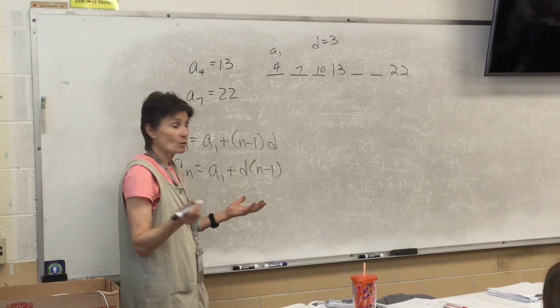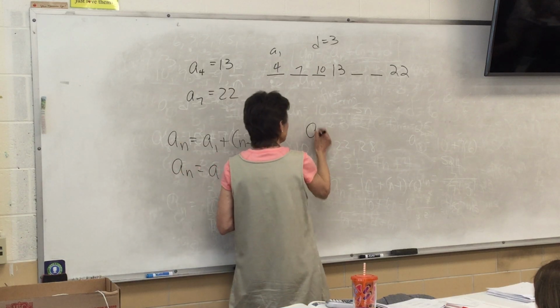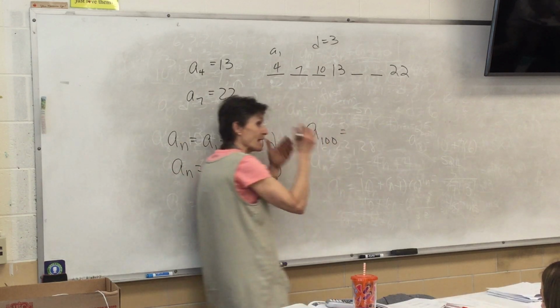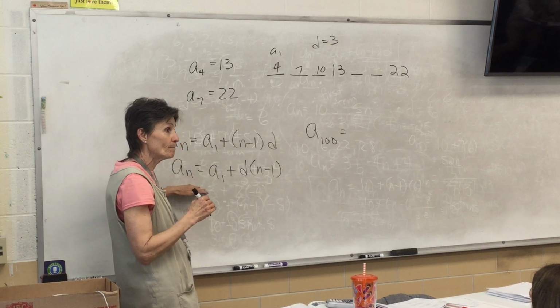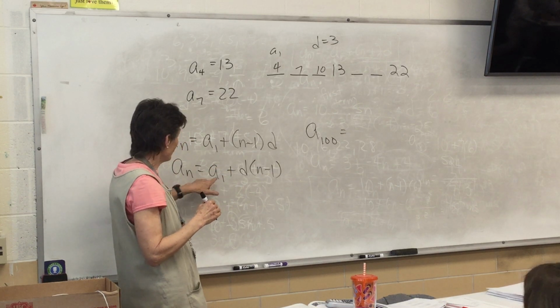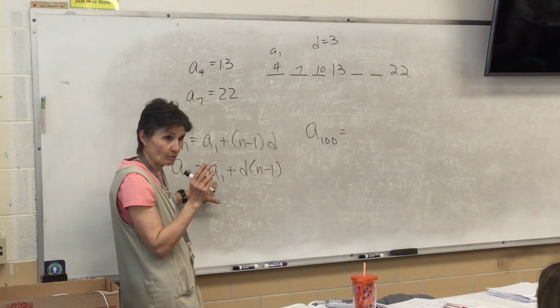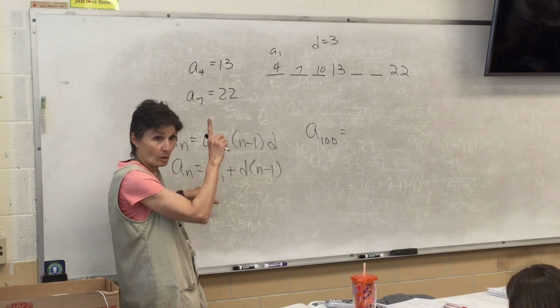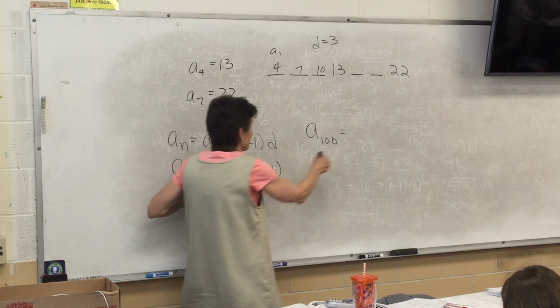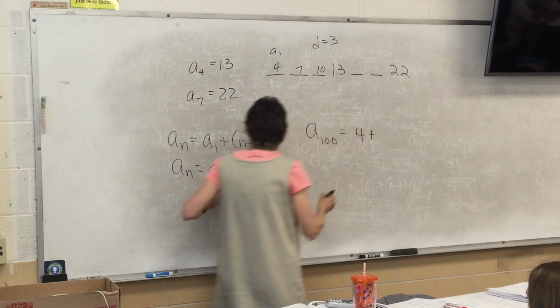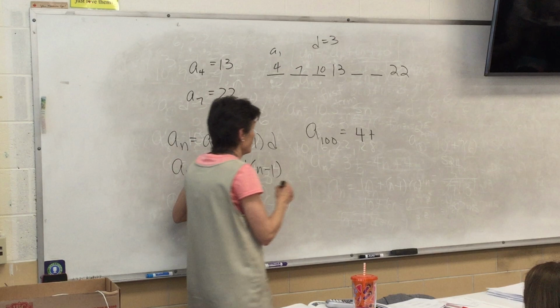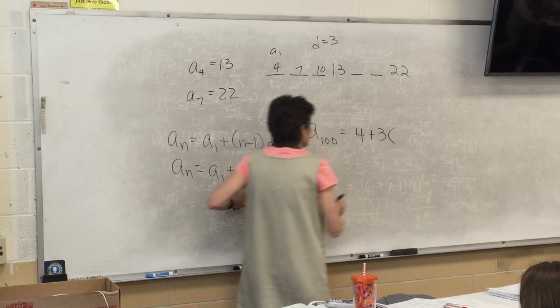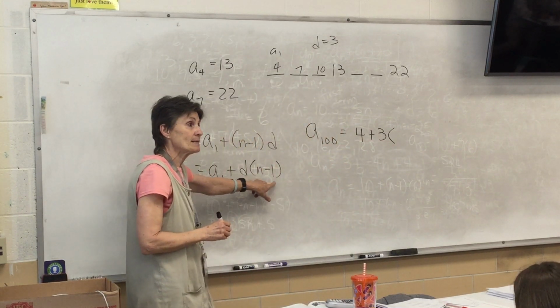So when somebody says, okay, now find the 100th term, that is A sub 100, it will be the first term, which she figured out was 4, plus the common difference, which she figured out was 3, times n minus 1.